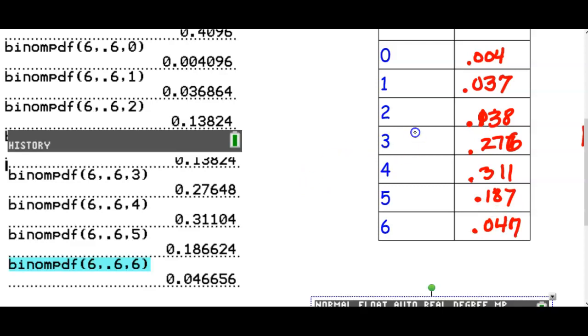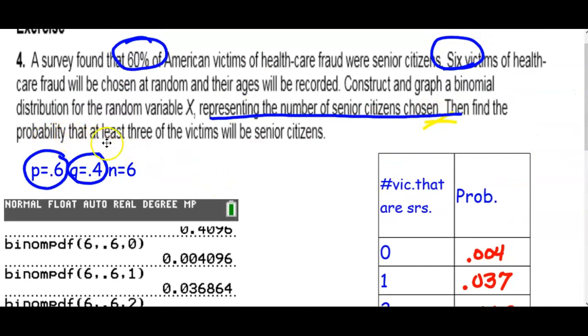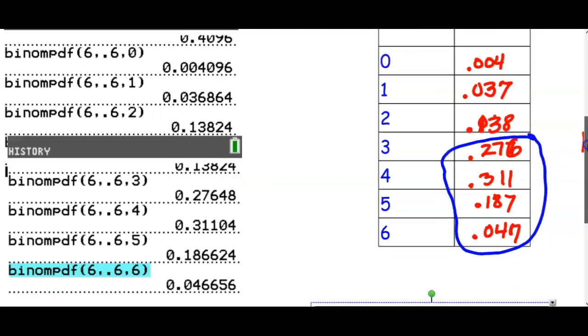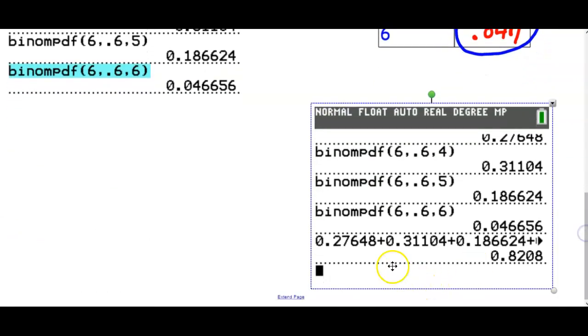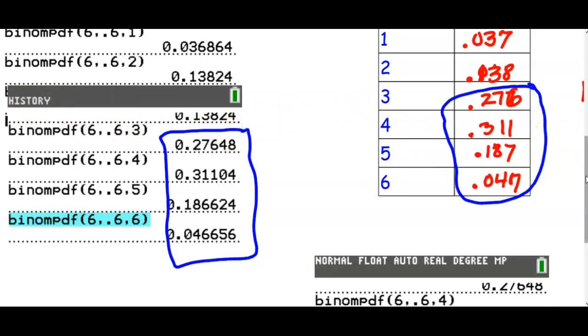All right, then if we go back up to the question, it said, what is the probability that at least 3 of the victims will be senior citizens? At least 3 means 3 or 4 or 5 or 6 of them would be senior citizens. So what I did was on my calculator, I went back up and I actually added all of these decimals together without rounding just to get a better answer, and because they were all on my calculator screen.